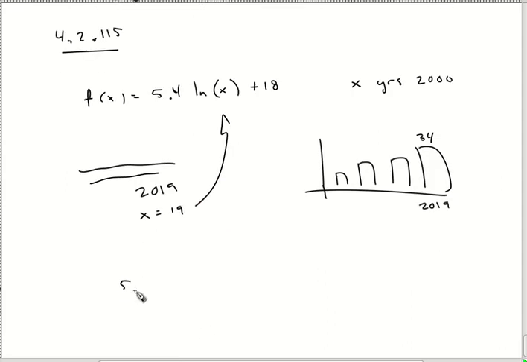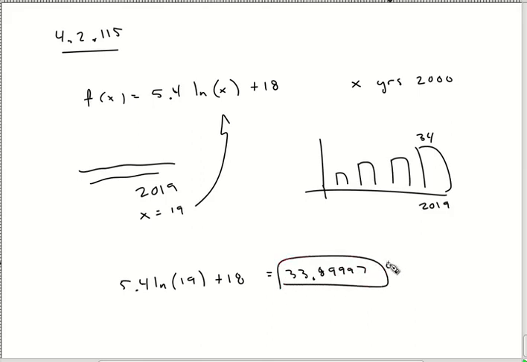I feel like we've done this before, because we have. Okay, and I got 33.89997. And again, you round to whatever they kind of say. I'm going to compare it with the 34, and wow, they're really close.